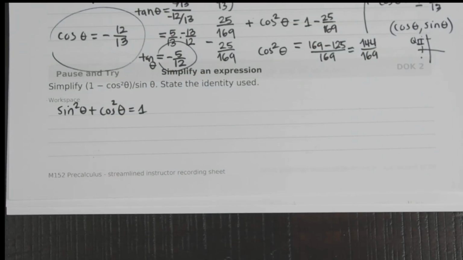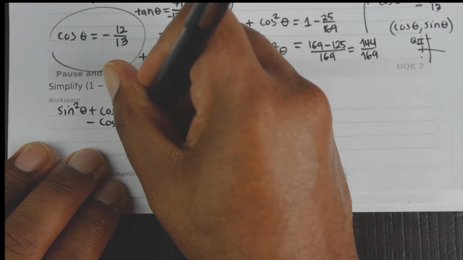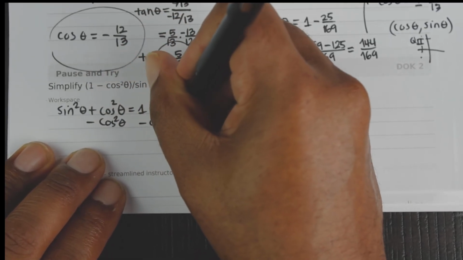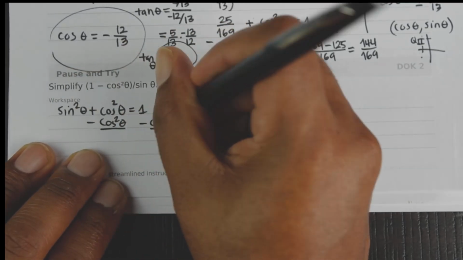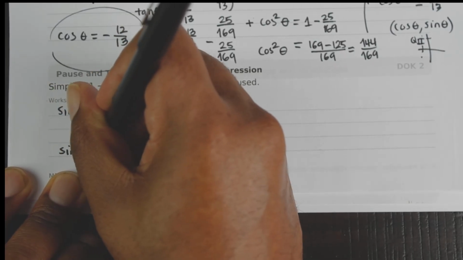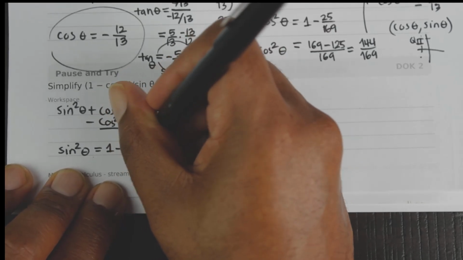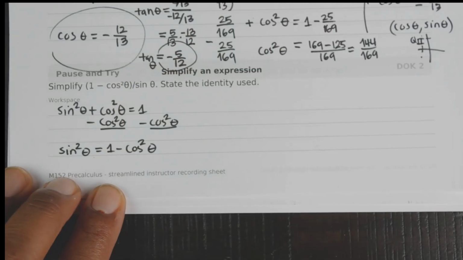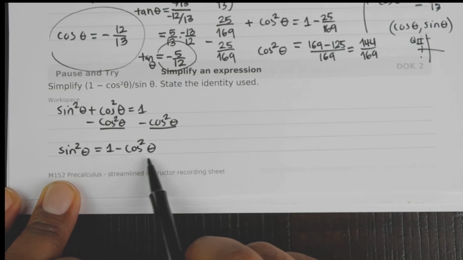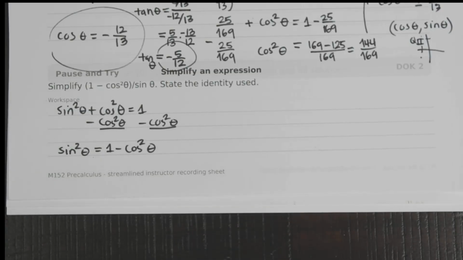If we subtract cosine squared theta from both sides, watch what happens. We end up with sine squared theta equals 1 minus cosine squared theta, right? Notice this is that. See that?